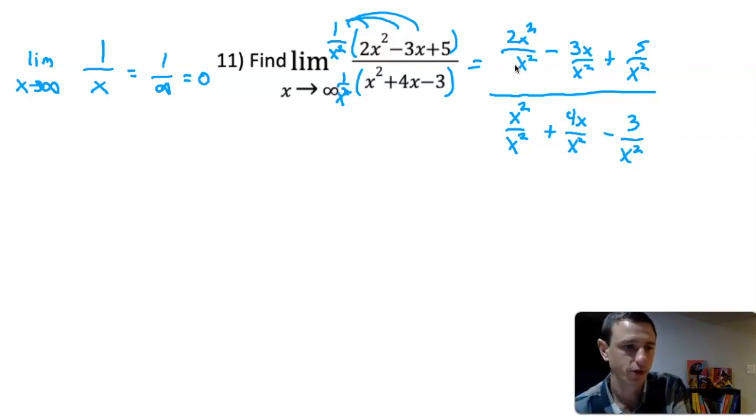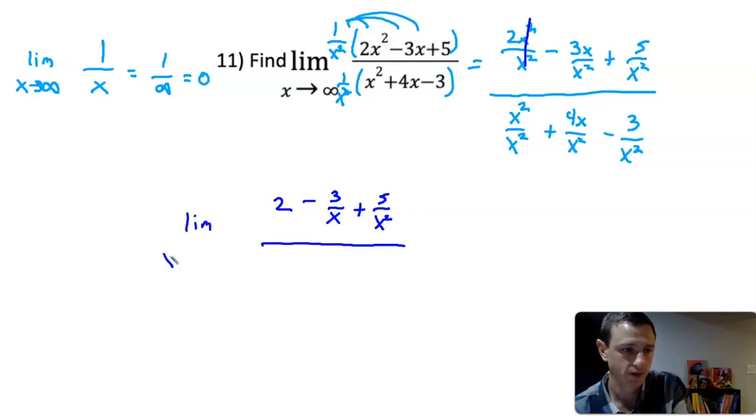So 2x squared over x squared, 1 times 2 is pretty much what you're doing. And then 1 times negative 3x, so negative 3x over x squared. 1 times 5 is 5 over x squared, and so on. So then what ends up happening is, boom, x squared over x squared becomes 2, minus 3x over x squared is just going to be 3 over x, 5 over x squared, and this is the limit as x goes towards infinity.